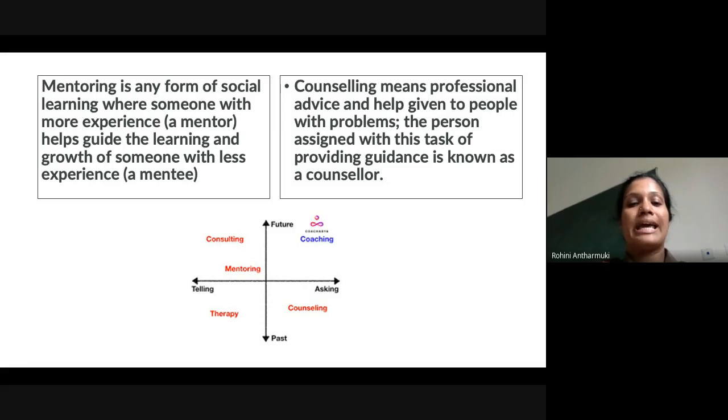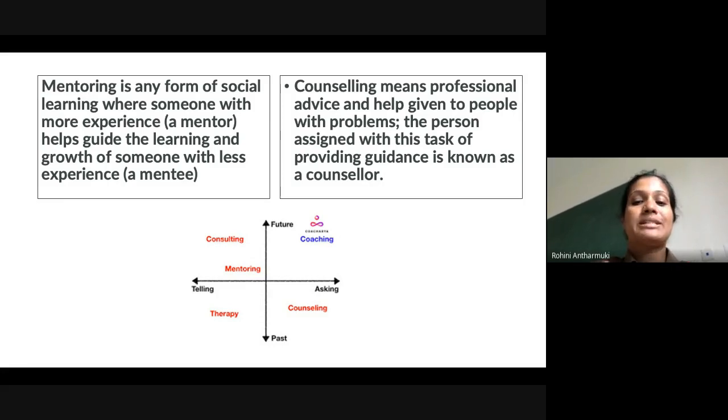Mentoring falls in the second quadrant, where you're talking about the future and you're also telling what to do. So in simple words, if you're telling your students what to do in future based on your experience and expertise, you are mentoring the students.